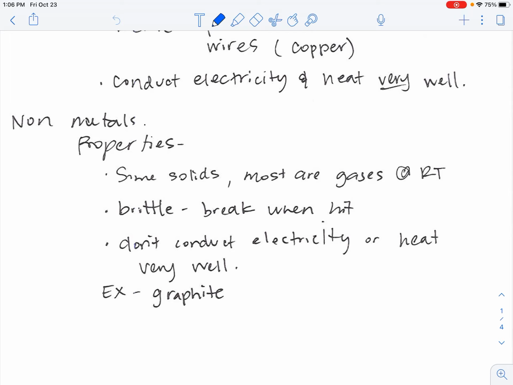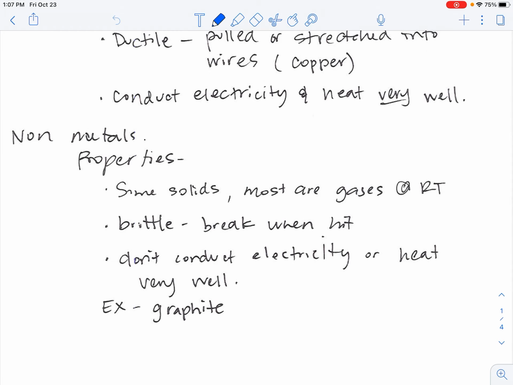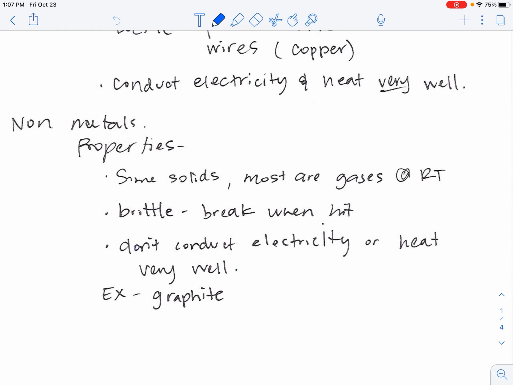You can think of graphite as a really good non-metal. It's a good example of what most non-metals look like. They're dull in appearance. They break very easily. So the graphite in your pencil, we call it lead, but graphite's really carbon. And so that's a non-metal. So they're brittle. They don't conduct electricity very well or heat very well.